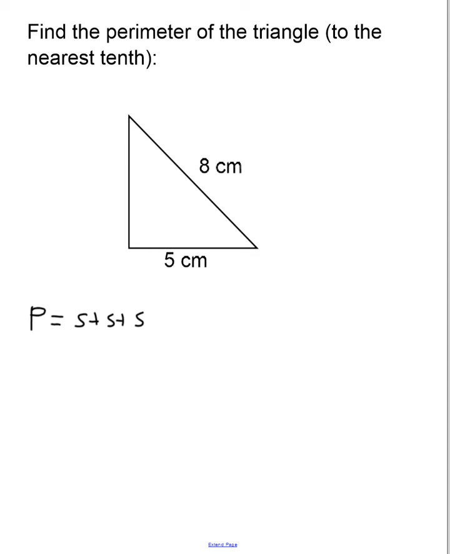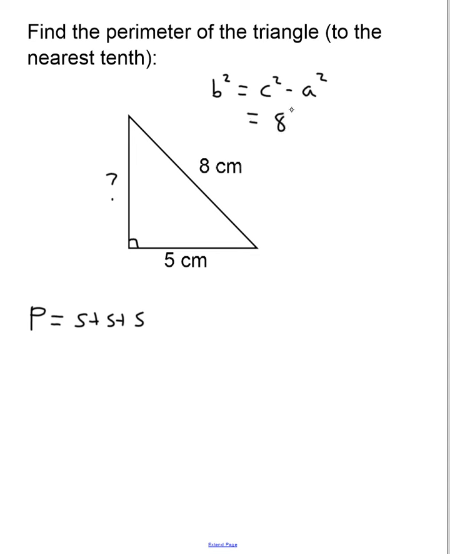You're going to quickly realize that one side is missing. You're also going to realize that although it didn't have it, it should have had it, that this is a 90-degree angled triangle. So to find the missing side, we can use Pythagorean theorem. In this case, because we're given the hypotenuse, we're going to be solving for one of the other sides. So we can use the formula with the subtraction.